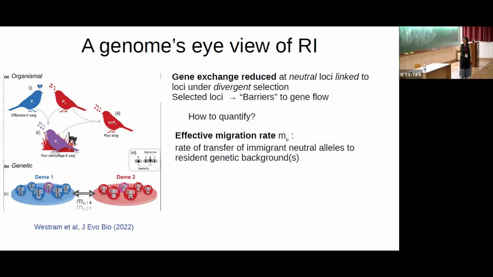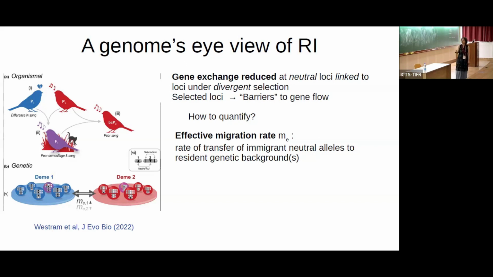So one might ask, if I have a neutral allele here in the middle of these two selected loci, what's the rate at which it gets transferred to the resident genotype here, which has the blue alleles?